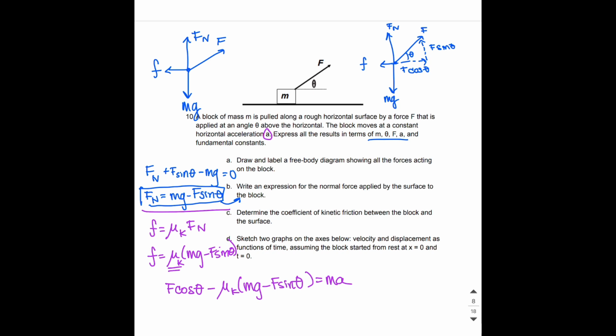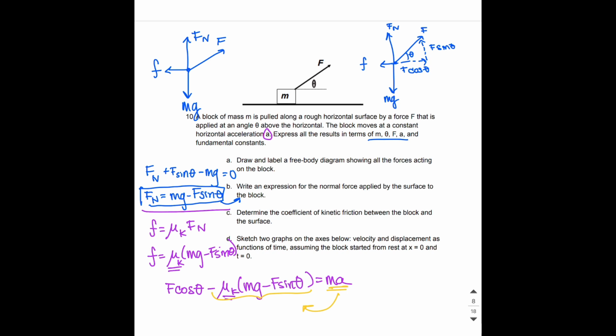If I'm trying to solve for mu k, I need to isolate this. So I am going to add this expression to the right side and subtract ma from the left side.